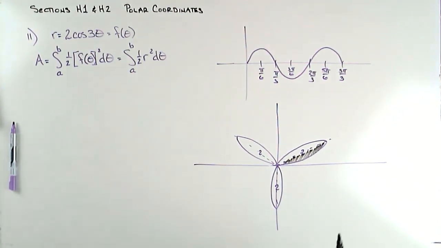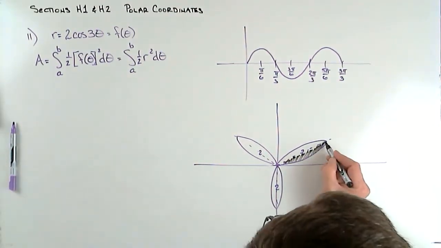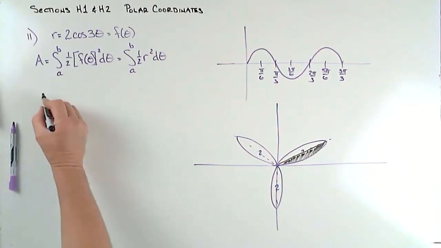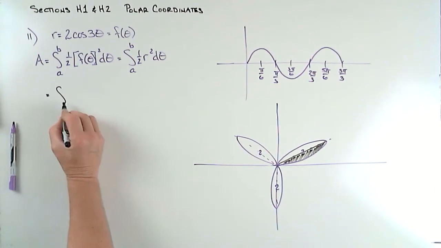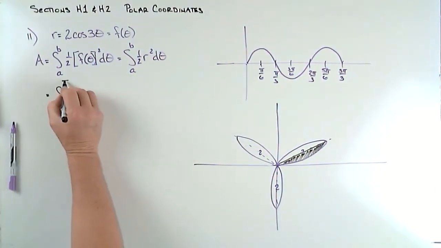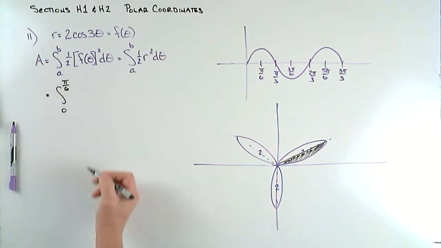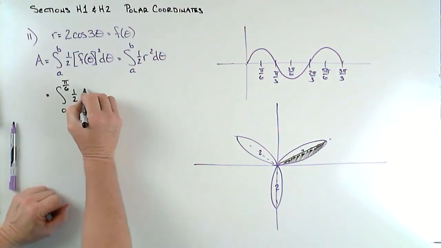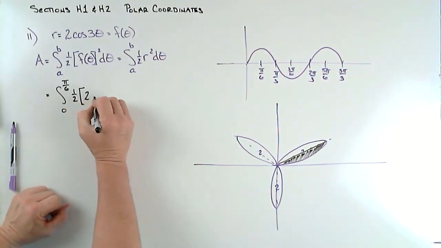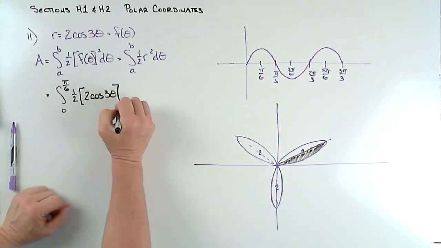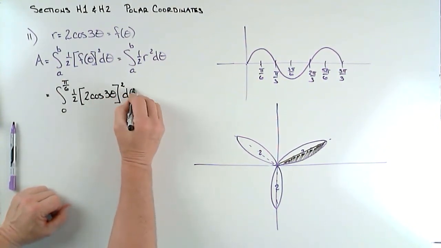If all we're doing is talking about area, and that's what the question's asking us, we can just find the area of this piece of the petal right here, which would be the integral from 0 to pi over 6. And then we can put in our formula. We would have 1/2, and our r value, which is 2 cosine 3 theta, squared, d theta.